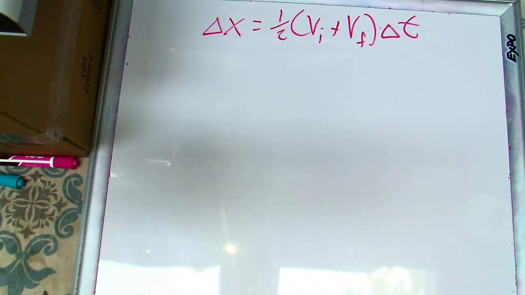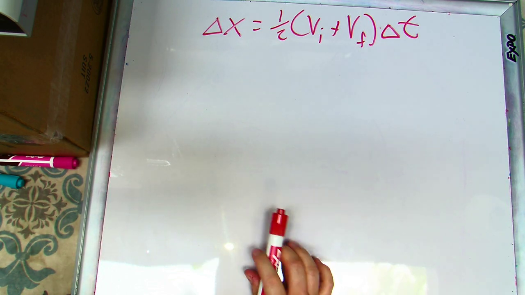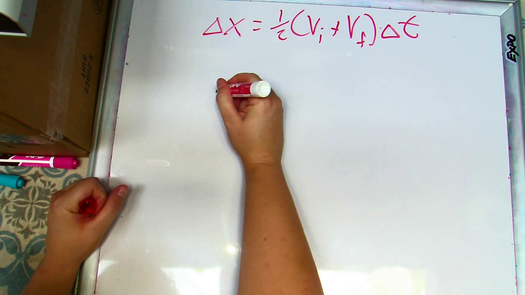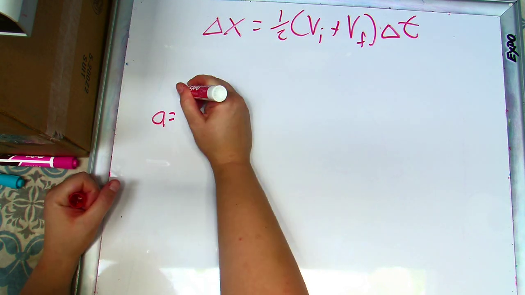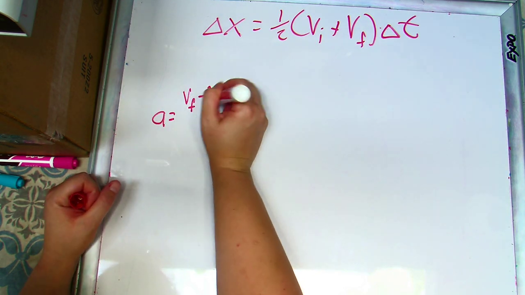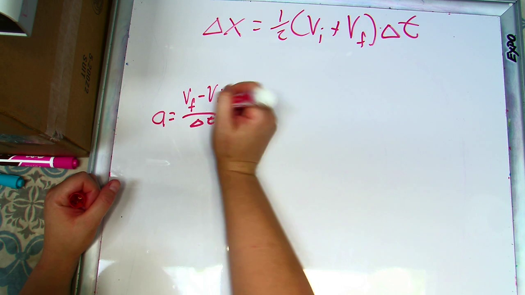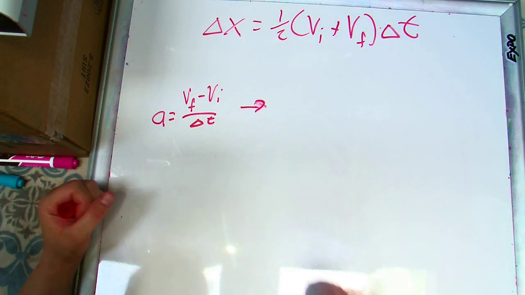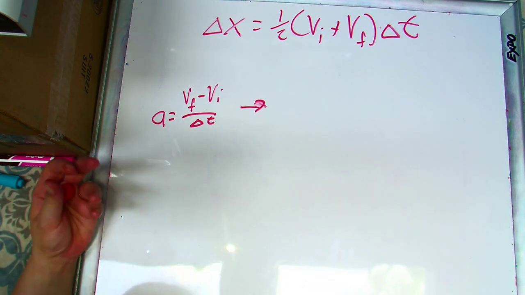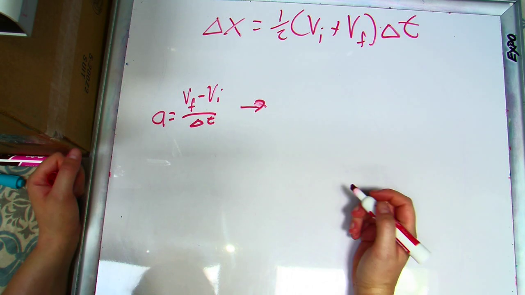Now let's go back to our acceleration equation. In a previous video, we had rearranged it to solve for final velocity. So we had taken the acceleration equation, and we can rearrange that, which we've done in a previous video, so I'm not going to do it now.